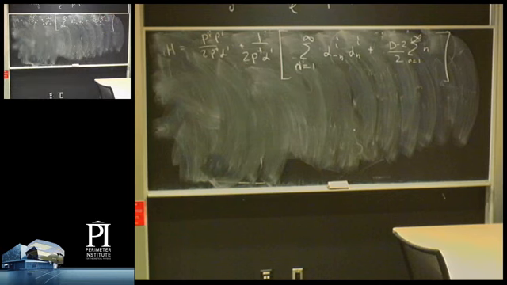Whatever we call this ordering constant, our ordering constant A is d minus 2 over 2 times the sum of all integers from 1 to infinity. So how do we deal with that sum?